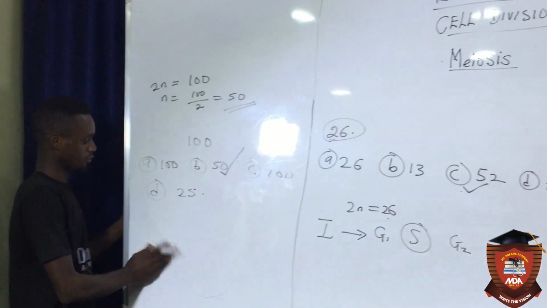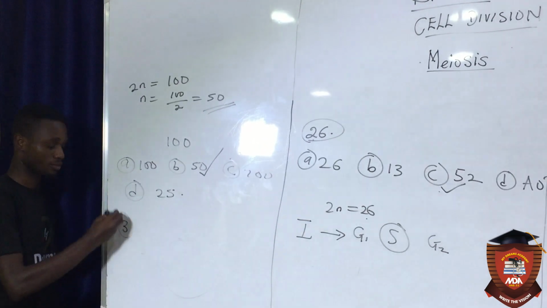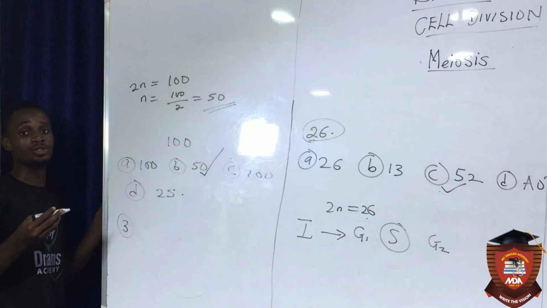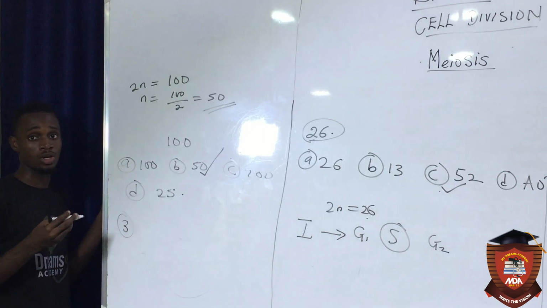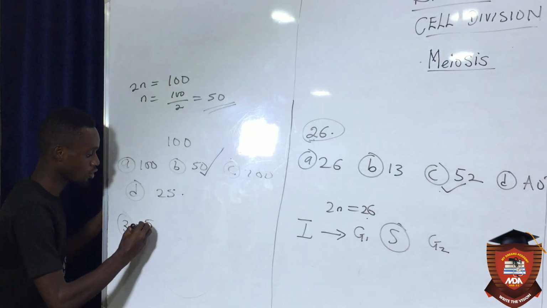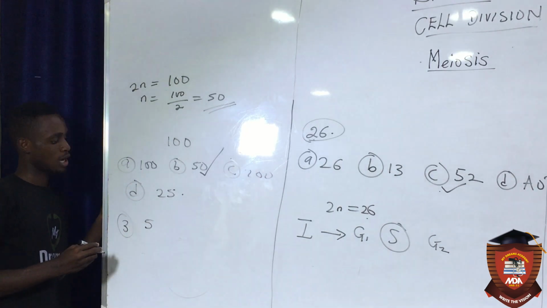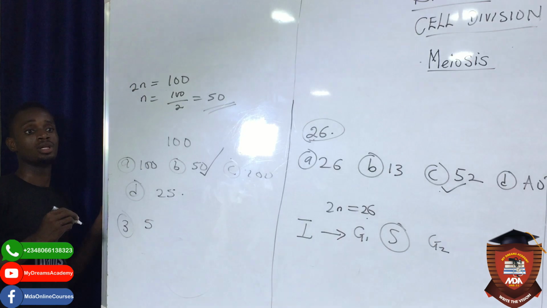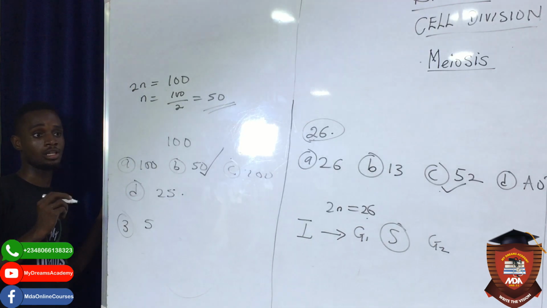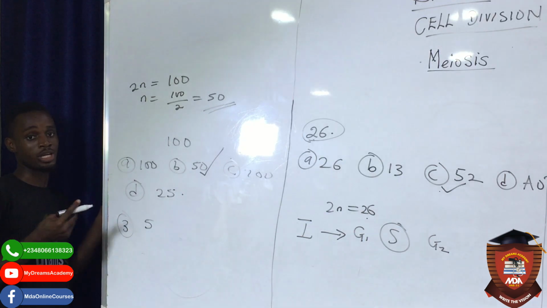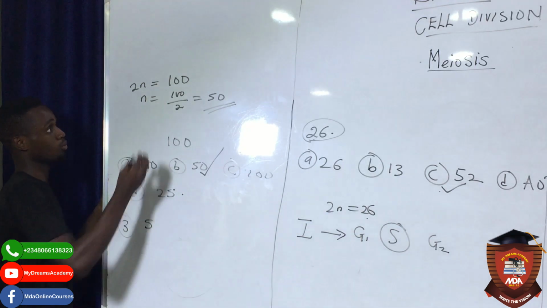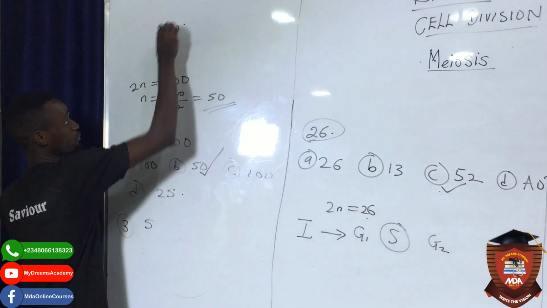Question 3 from JAMB past questions. The ovules in the flower of a hibiscus have 5 chromosomes. How many chromosomes will be in a mesophyll cell? The mesophyll cell of a plant is a somatic cell and so would have 2N chromosomes.